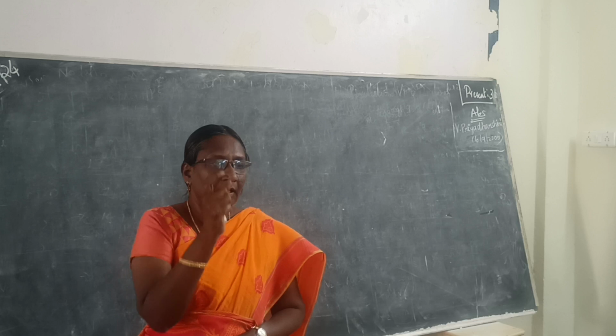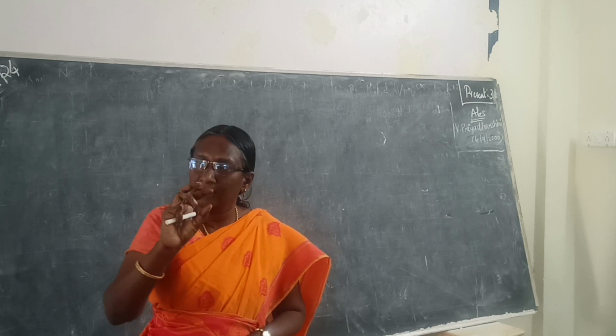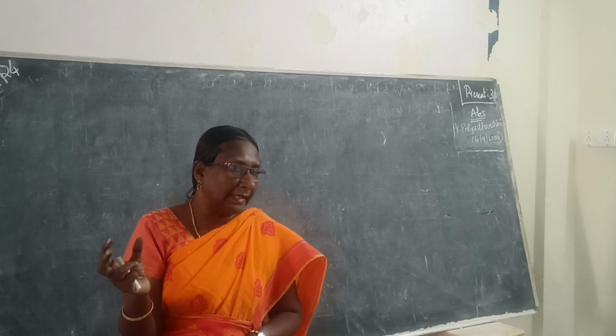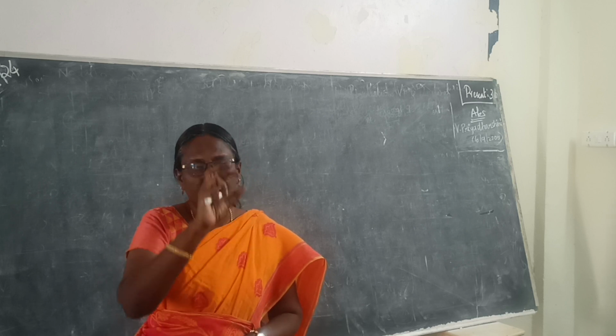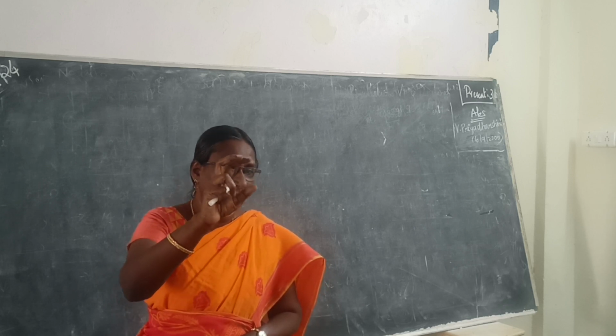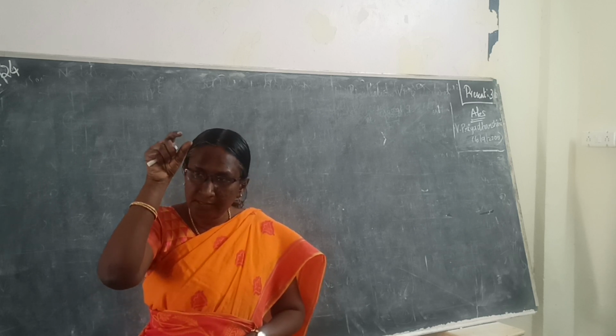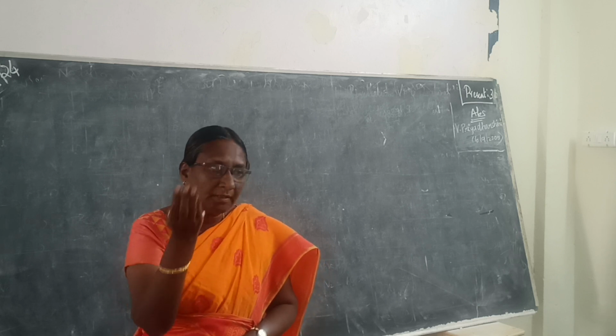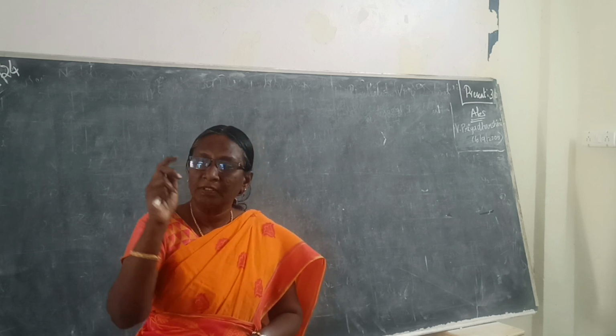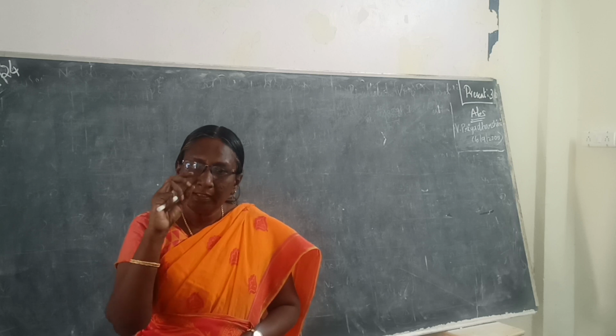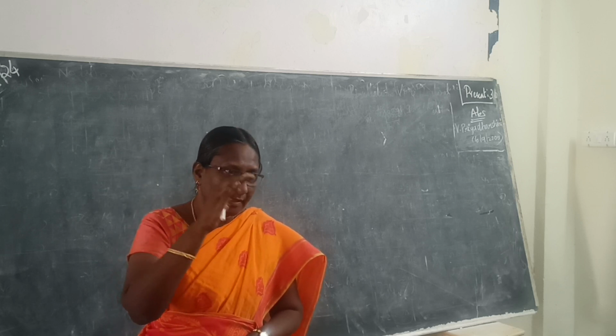If there are three sources, take the first source alone, and the other two sources become inactive. Then find the current. Then considering the second source alone, keeping the other two sources inactive. Consider the third source alone, keeping the other two sources inactive.